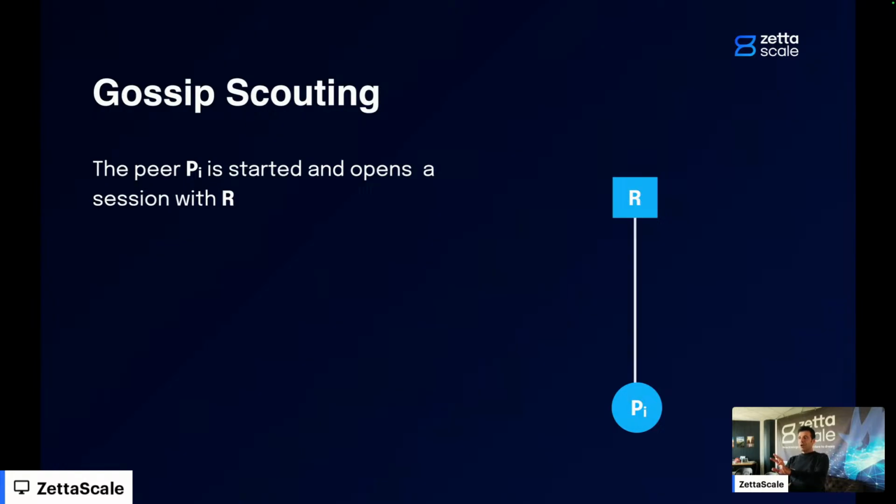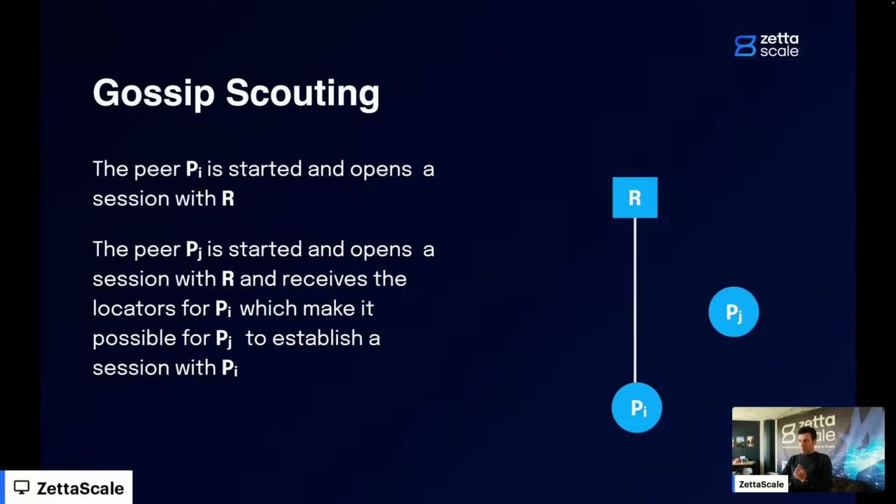PI comes, opens a session, but no other application is running or has a session with the router. So there is nothing for the router to share with PI. Then PJ arrives, opens a session with R, and gets the locator for PI. As a consequence, what will it do? It will establish a session with PI.